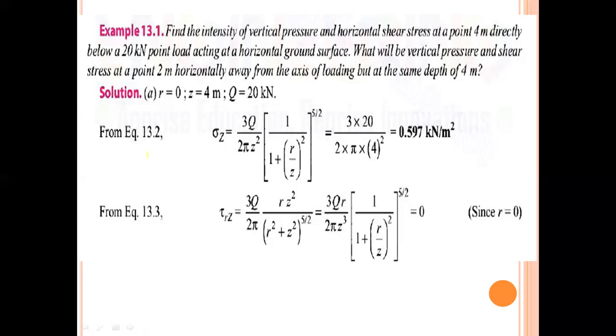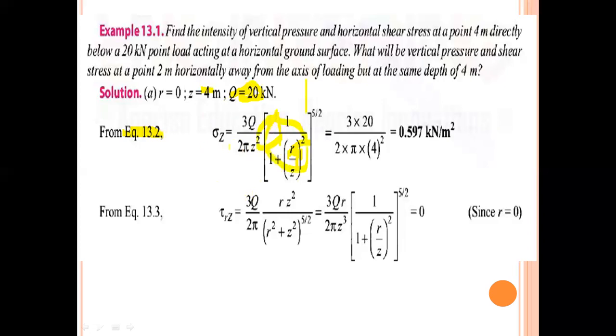So sigma Z equals, we know the equation from 13.2, 3Q by 2 pi Z square into 1 by 1 plus R by Z whole square, whole power 5 by 2. Substitute here Q value 20 and Z value 4. Here we know the R value is 0, so 1 plus 0 means 1, 1 by 1 is 1. So this value is totally 1.